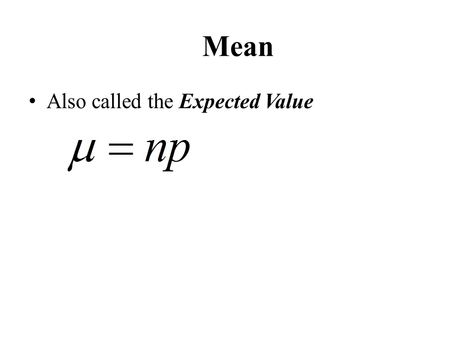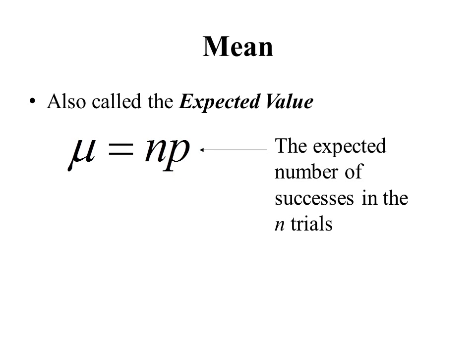Now, with a binomial distribution, we can calculate something that we call the mean or the expected value. And it's denoted mu, and it equals n times p. Now, what does this number mean? Well, we could think of it as the expected number of successes in the n trials.